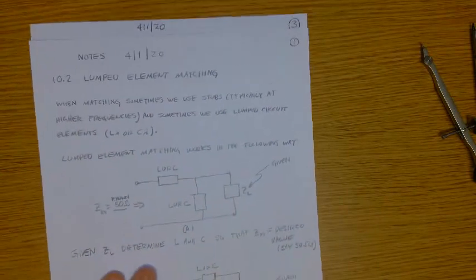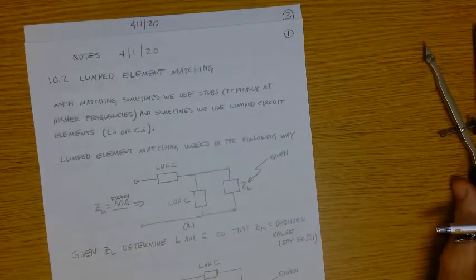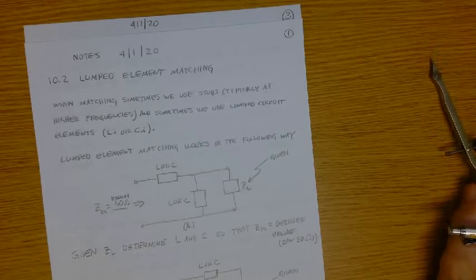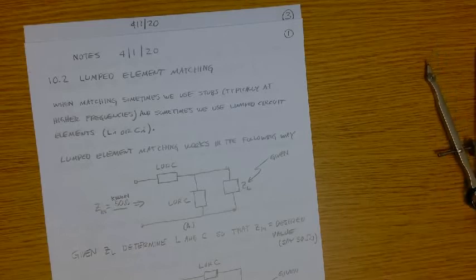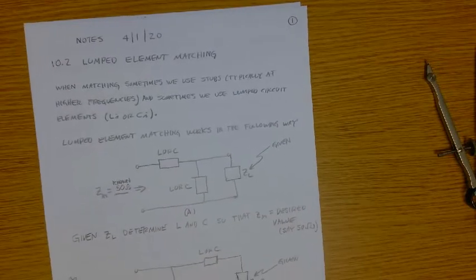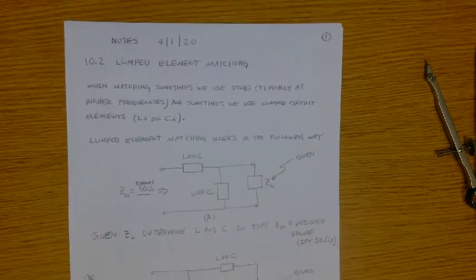All right. So this lecture was lumped element matching. Some of you have already been exposed to that, if you had me for EMAG 1. If you didn't, you may not have addressed that yet, and so this kind of gives you an example. And then there's additional examples in the text. You're reading the text anyway, so you are already aware of that.